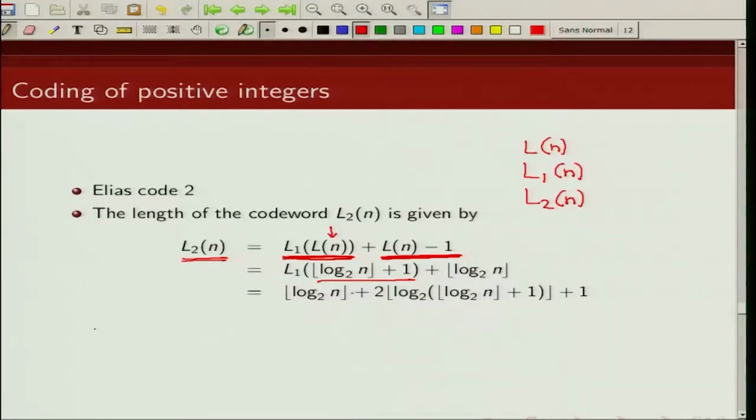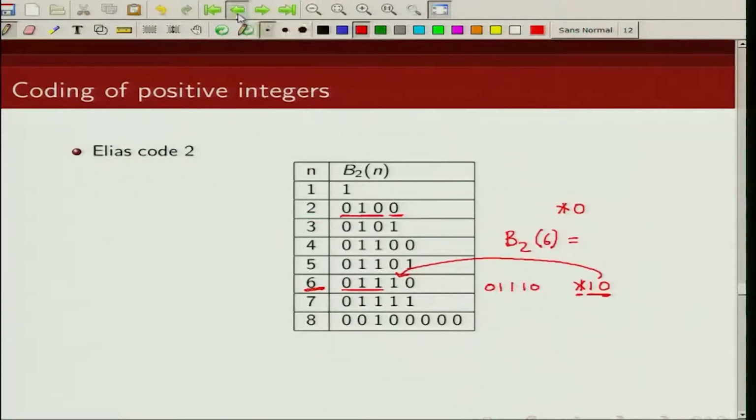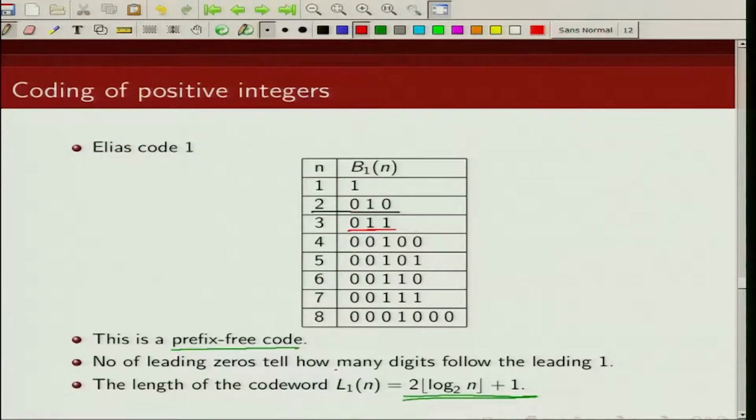We know L of n is given by floor of log to the base 2 of n plus 1. So if we plug that value of L of n here, what we get is the length of this is L1 of this quantity plus floor of log to the base 2 of n. Now what is L1 of n? L1 of n, if you recall, is given by this quantity.